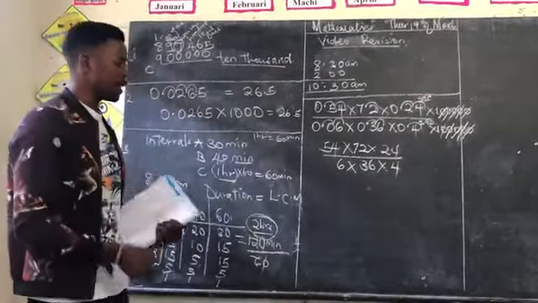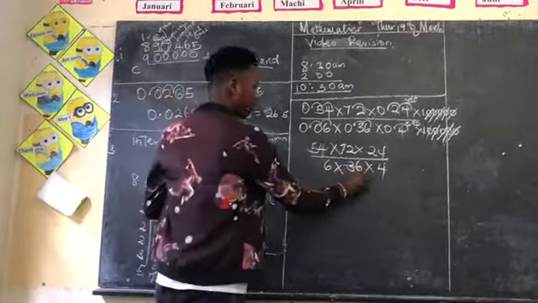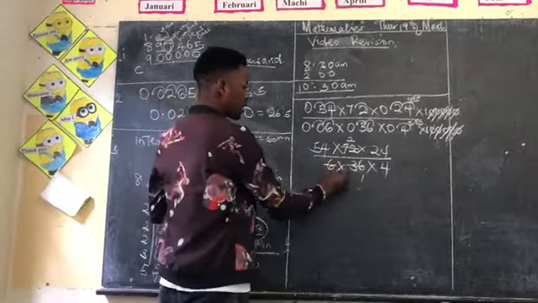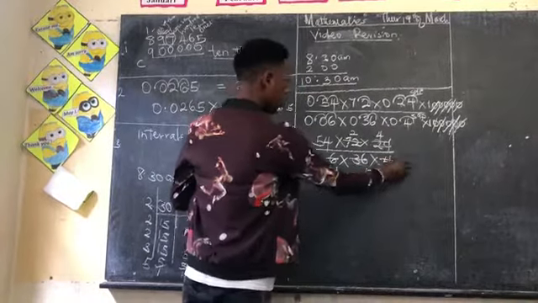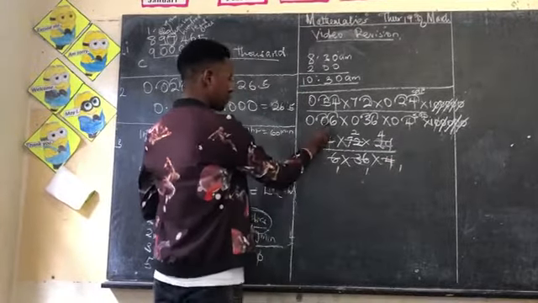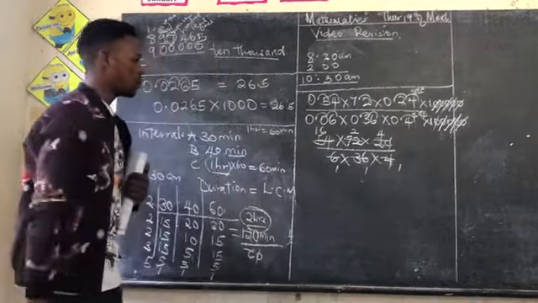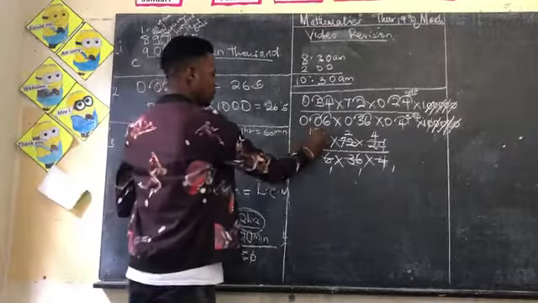And then you simplify by cancelling. 36 by 36 is 1, 6 by 6 is 1, 4 by 4 is 1, and 14.